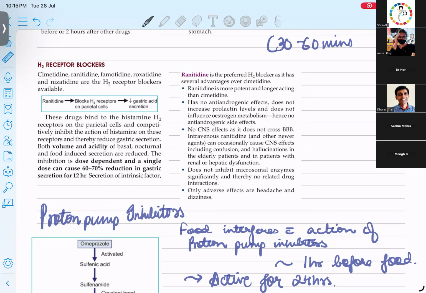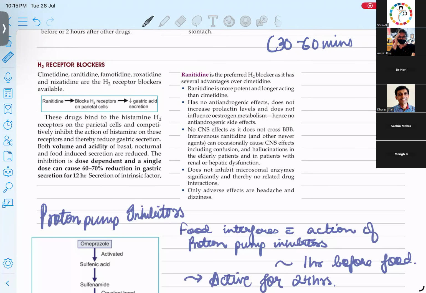There are no CNS effects seen in ranitidine because it does not cross blood-brain barrier and does not inhibit microsomal enzymes significantly. So there are no related drug interactions. Only adverse effects which we see in ranitidine might be headache and dizziness.